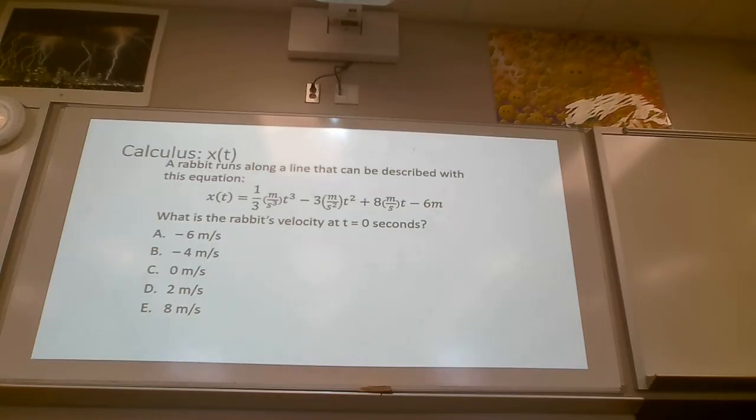Neighbor? 8. Yeah. You find a way. 8. Answer number 5. Is everybody good with 8 meters a second? Yes. Take the derivative. This becomes 8, nothing times nothing. So that's your initial velocity.